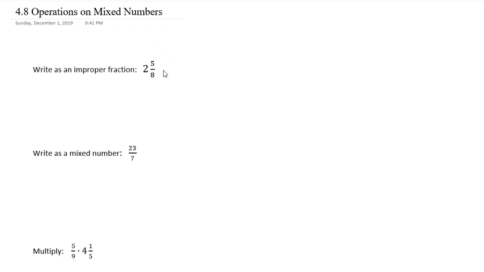Okay, so the first thing is we recognize that 2 and 5/8 means 2 plus 5/8, which means that we have an addition problem, and when you're adding fractions, you have to get the denominators to be the same. And the 2 is 2 over 1. The denominator of the 5/8 is 8, so we're going to multiply 1 times 8, so the denominators will be the same.